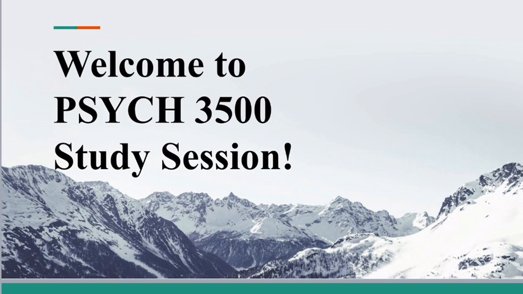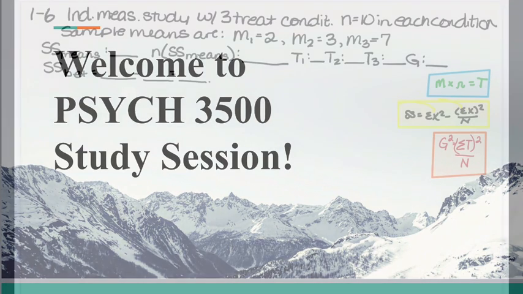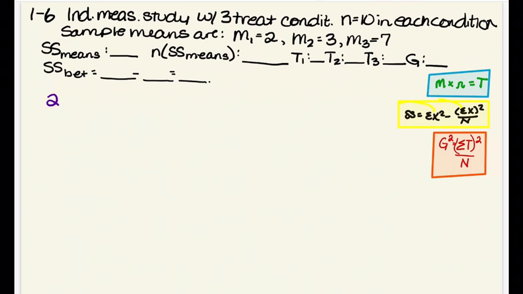Our first example question compares 3 treatment conditions in an independent measures research study. And we are first asked to compute the sum of squared deviations for the set of 3 treatment means. Since the sum of squared deviations is the sum of x squared minus the sum of x, squared, divided by n, we first need to find the sum of x and the sum of x squared.